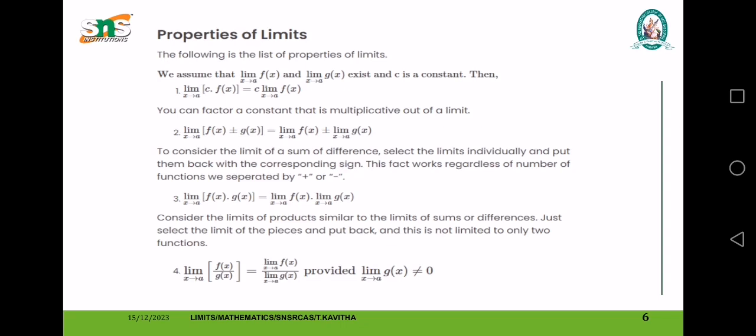Just take the limit of the pieces and put them back, and this is not limited to only two functions. Fourth one, the division rule. Limit x tends to a f of x by g of x is equal to limit x tends to a f of x divided by limit x tends to a g of x, provided limit x tends to a g of x is not equal to 0.